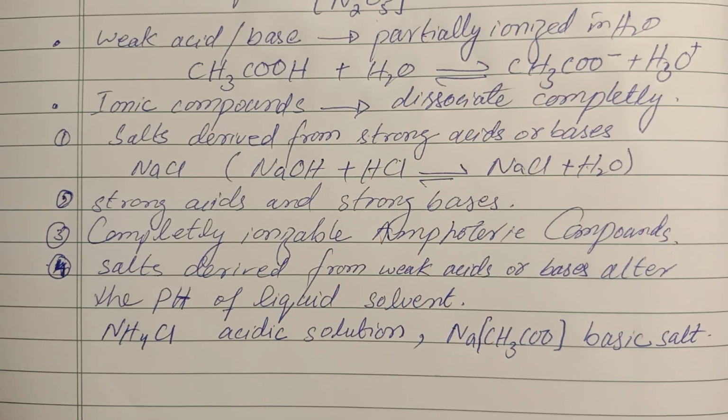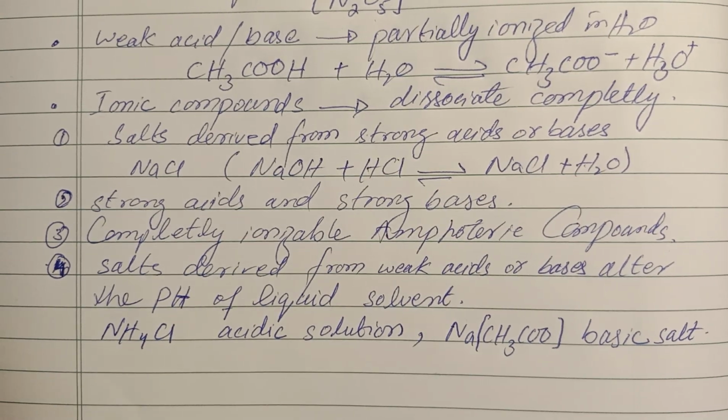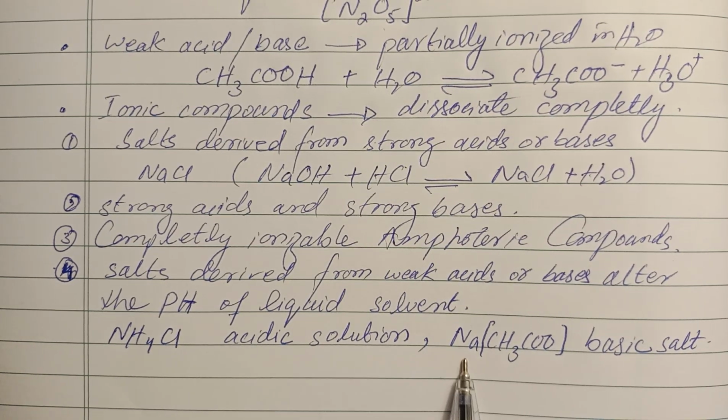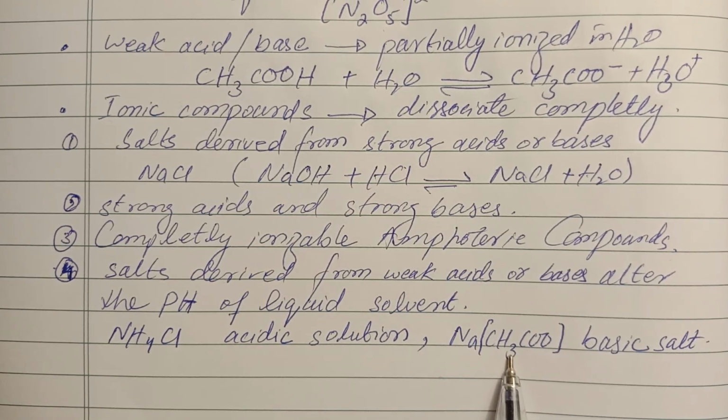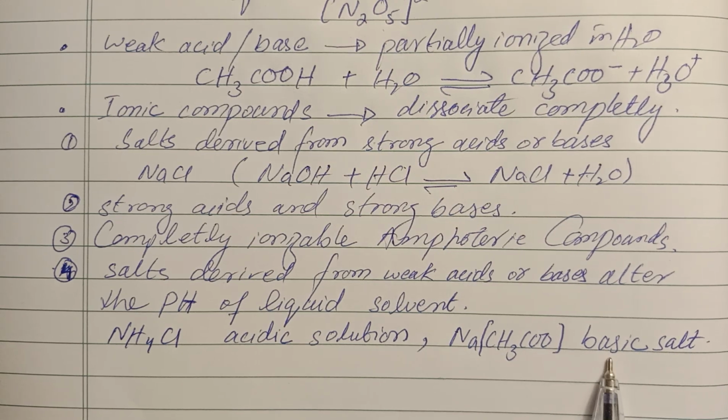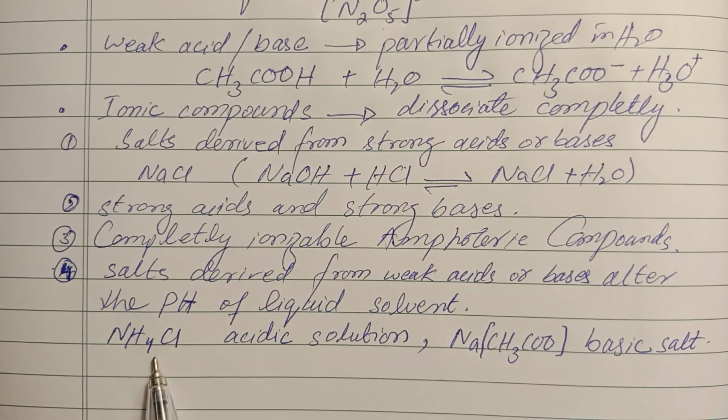For example, the salt of a strong base, sodium hydroxide, and a weak acid, acetic acid, is a basic salt, whereas the salt of a strong acid is an acidic salt.